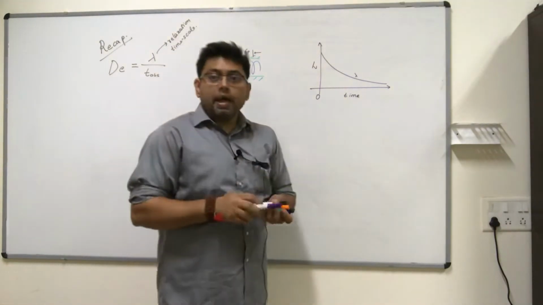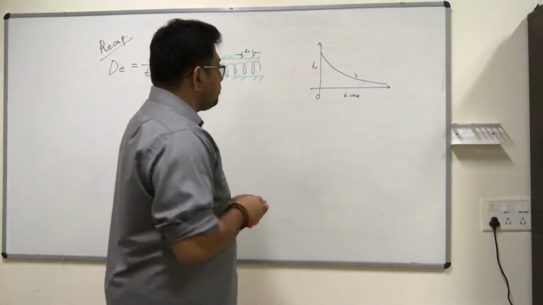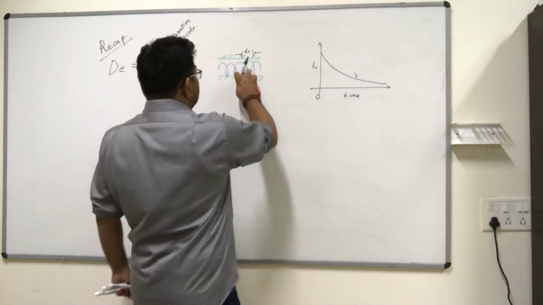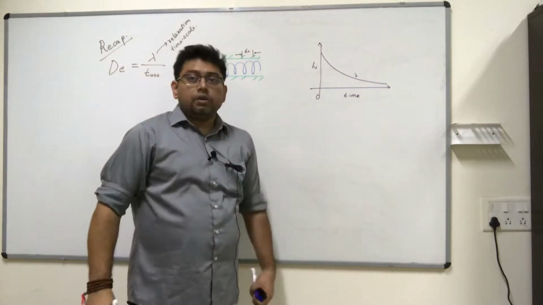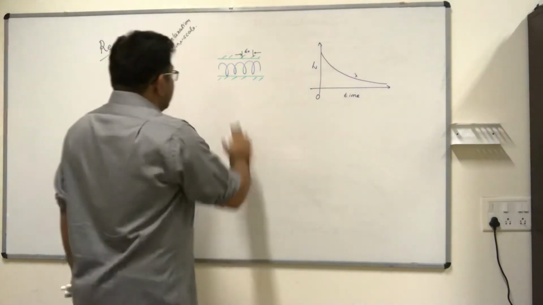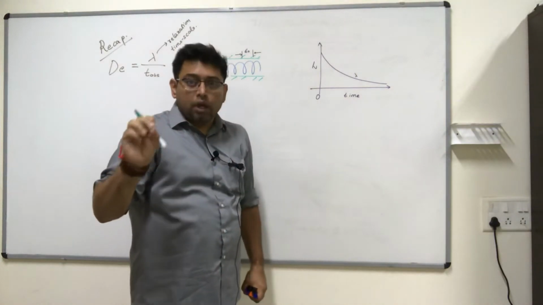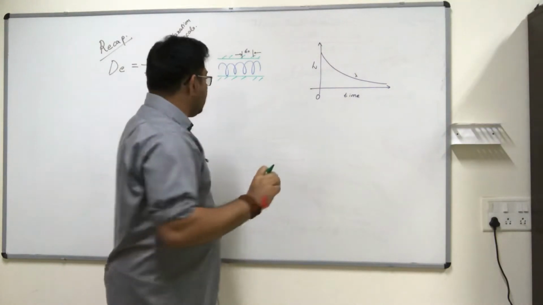Now, why did this decrease happen? Had this material been a solid, what do you think would have happened? If the material is solid, imagine what it looks like at the molecular or the atomic scale.